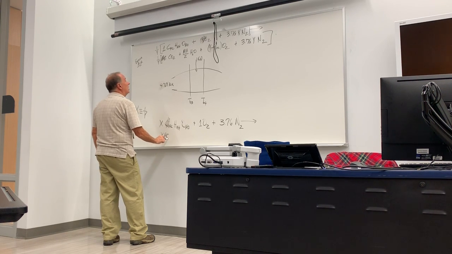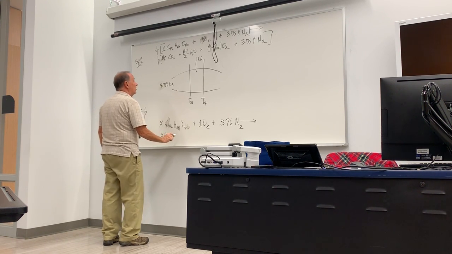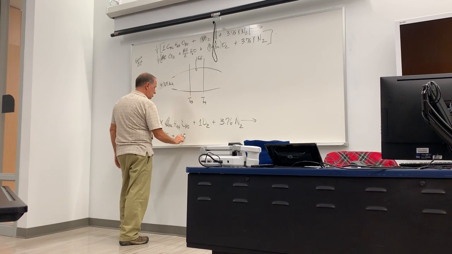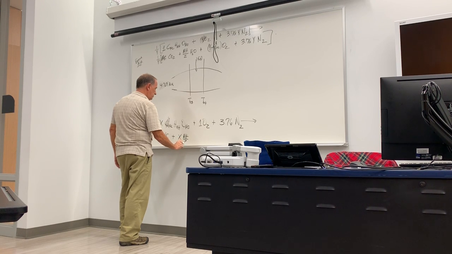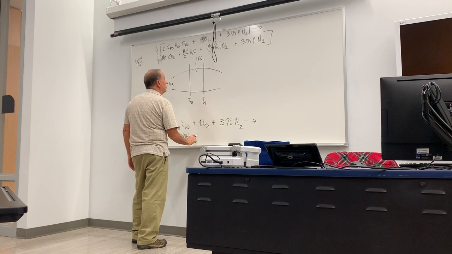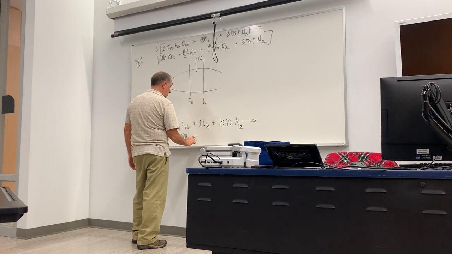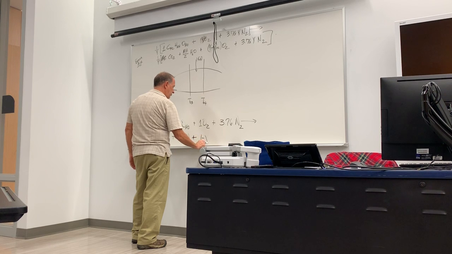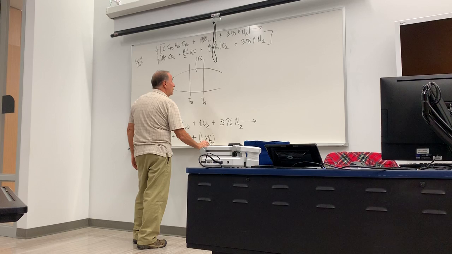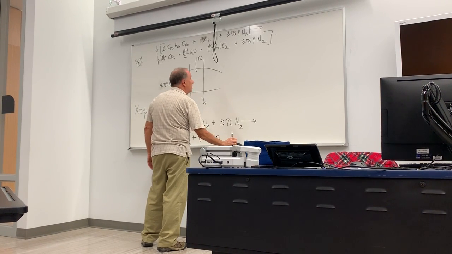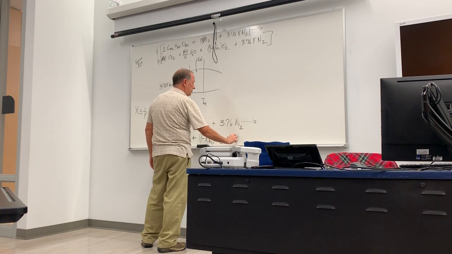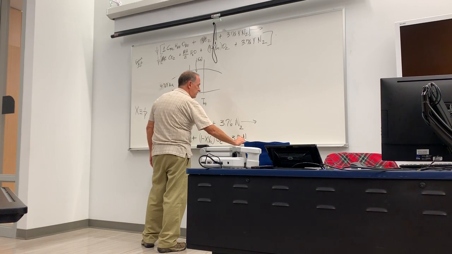x M_C plus x times M_H over 2, okay, and then this will be plus 1 minus x times y_CC, and that'll be O2, and then plus 3.76 N2.